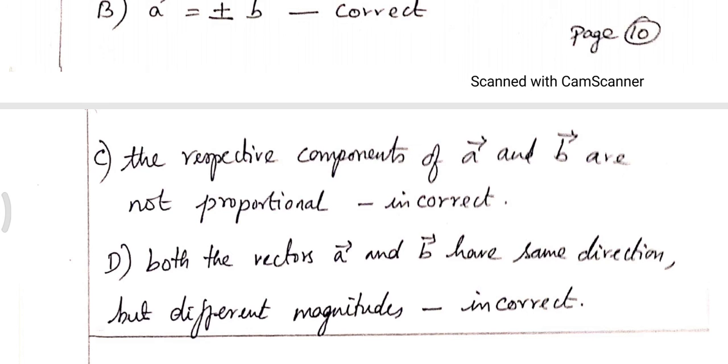Both the vectors A vector and B vector have same direction but different magnitude. It is given that A vector and B vector are two collinear vectors. So collinear vectors have same direction? No, it can also have an opposite direction. Different magnitudes can be there, different direction can also be there. So it is incorrect. So according to the new book, C and D are incorrect.